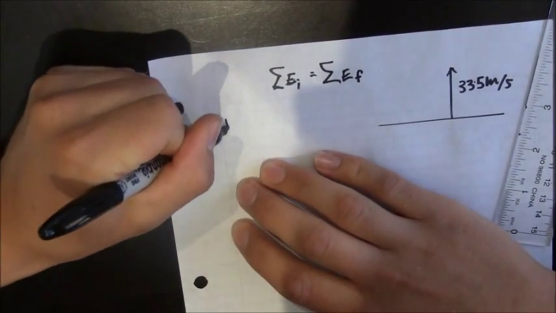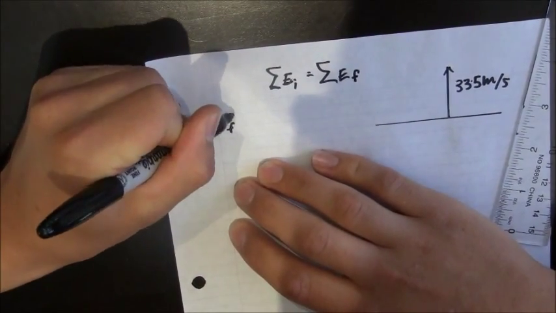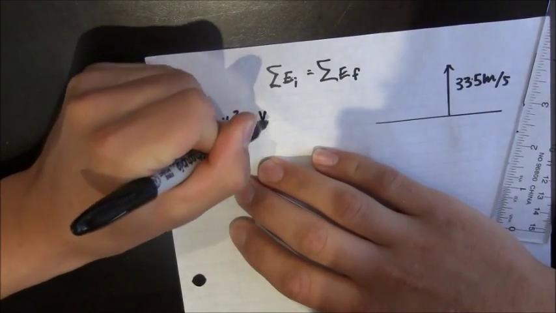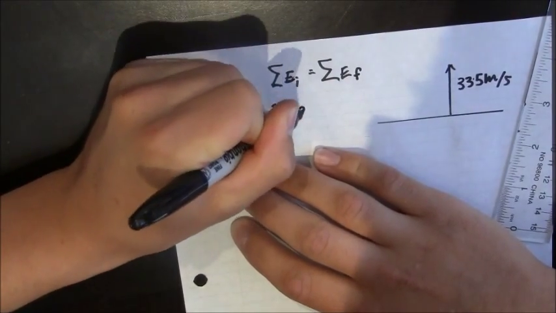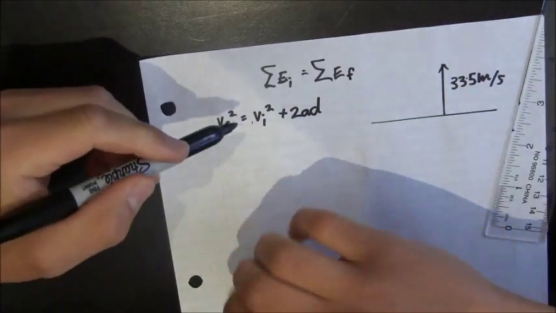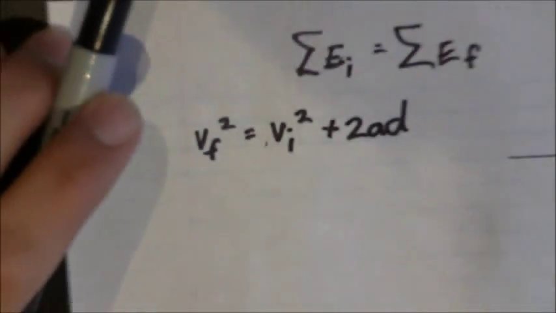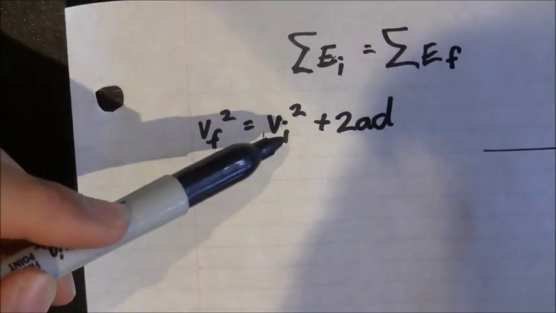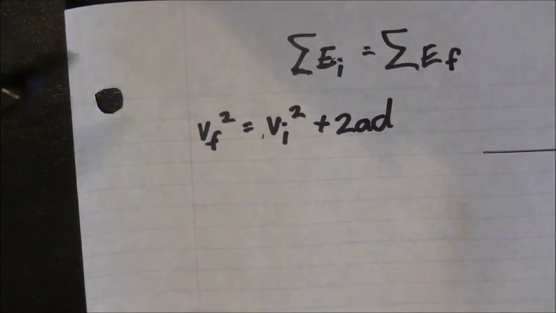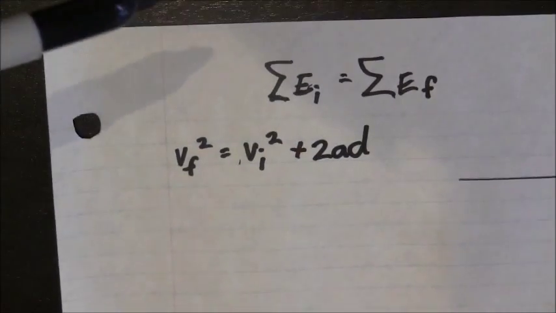We can derive a formula that goes like this. So this is final velocity, that's initial velocity, that's acceleration, and that's distance. And I can show you the derivation if you like, but that'll take a while.